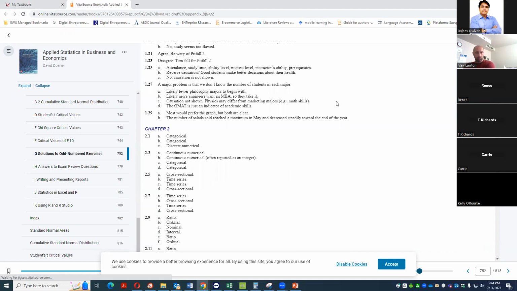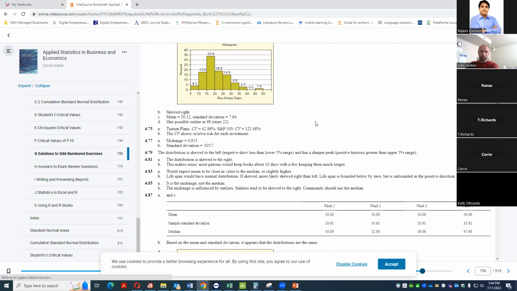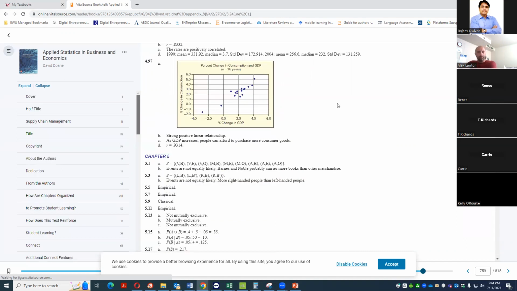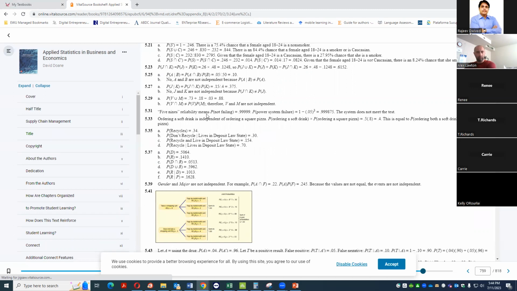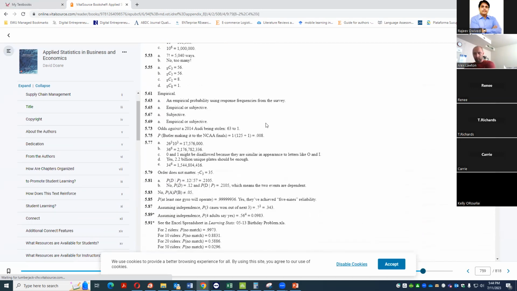So you can clearly see the solution. So solve and you will get the answer at the back. Some students were asking again about Connect. So this is the option available in the book itself. You can solve the odd problems and check your answer or solution towards the end.